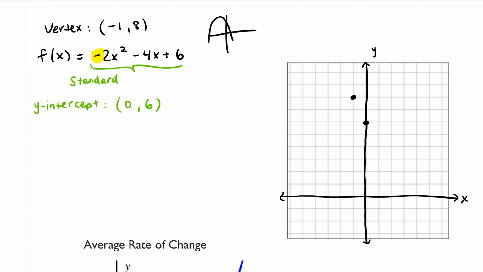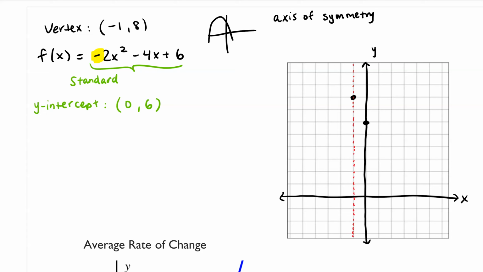Sometimes you'll hear the axis of symmetry. All that means is that imagine a vertical line going down the vertex. Here, let me draw a dashed line here.